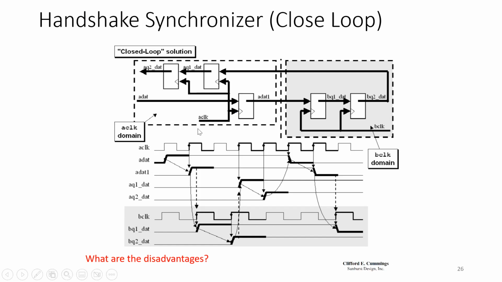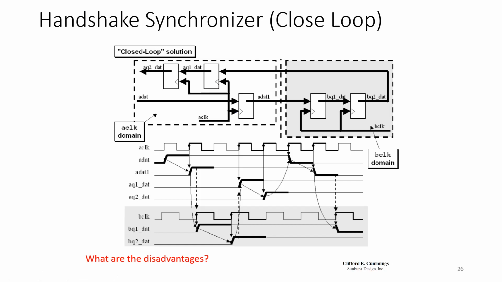All of this system on the left is working at A clock, and I have here another system that is working at B clock. Those are my two systems. This is A clock, and this is my B clock. All of those are for system A, and those are for system B that is working with the B clock.